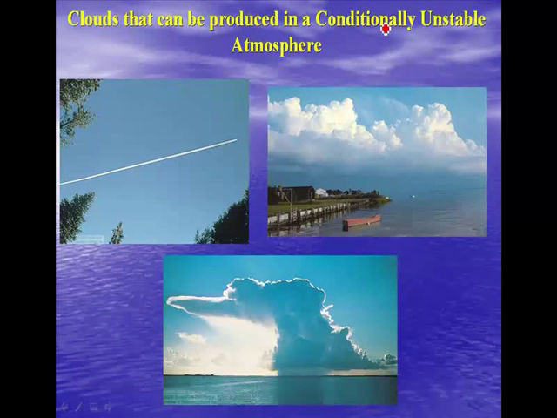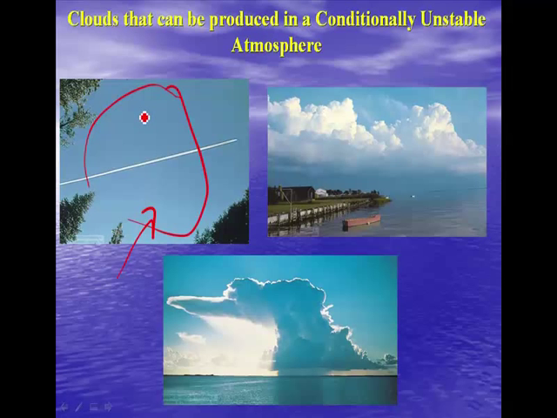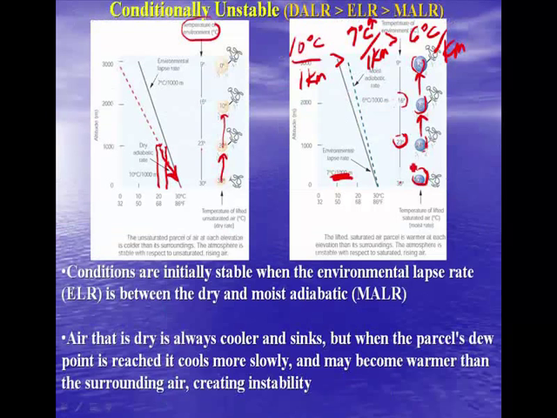Now, the types of clouds that can be produced in a conditionally unstable atmosphere. If your air parcel is dry, remember we talked about the air parcel would move back down to the surface, and so you'd have no clouds. So you'd have basically clear skies. However, if it's a moist parcel, and we saw from the previous example that if it's moist, it will continue to rise.